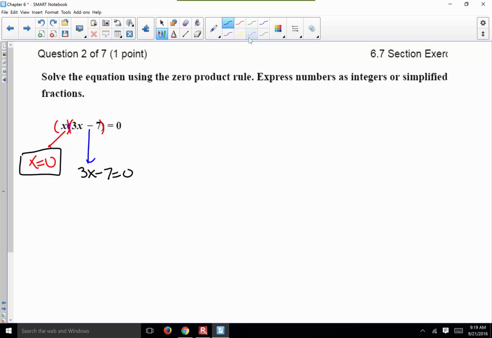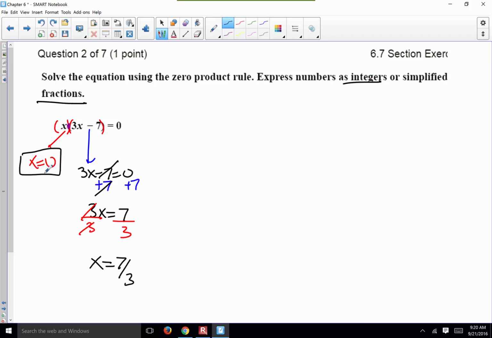How about the second guy? I add 7, and then divide by 3. Do we have to change this 7/3 into decimals? No, don't change it, because they want answers in fractions or integers.